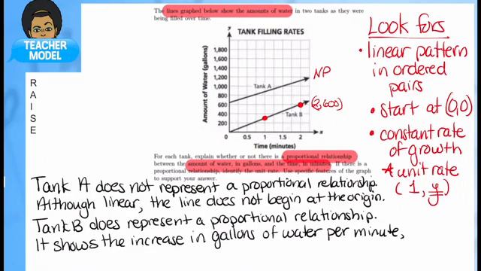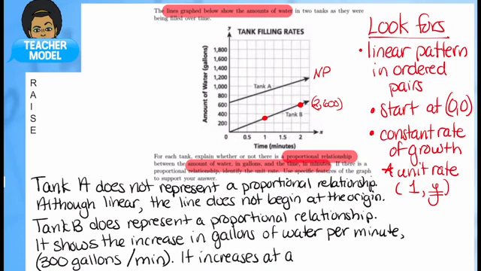And I'm going to name it 300 gallons per minute. It increases at a constant rate and starts at 0, 0, just there on the bottom.